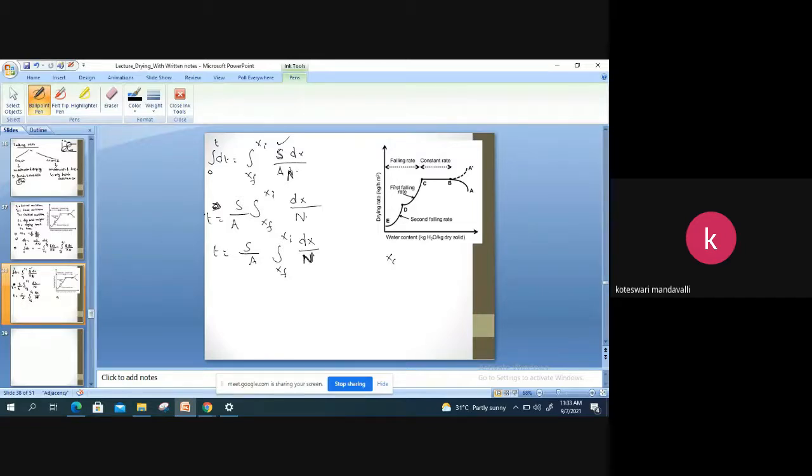So suppose this x2 is greater than the critical moisture content. Then where does it fall? Now, if the final moisture content is greater than the critical moisture content, will it be in the constant rate period or the falling rate period? Can anyone say? Suppose I assume that the final moisture content after drying is greater than the critical moisture content, then what happens?